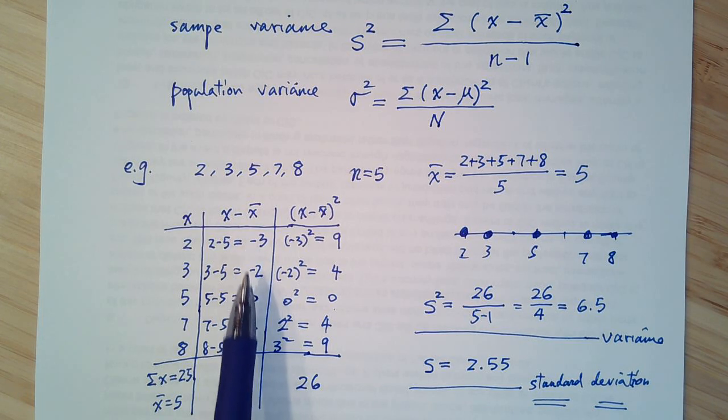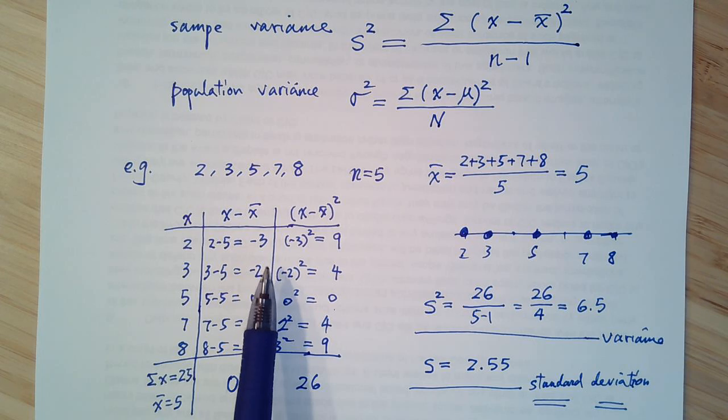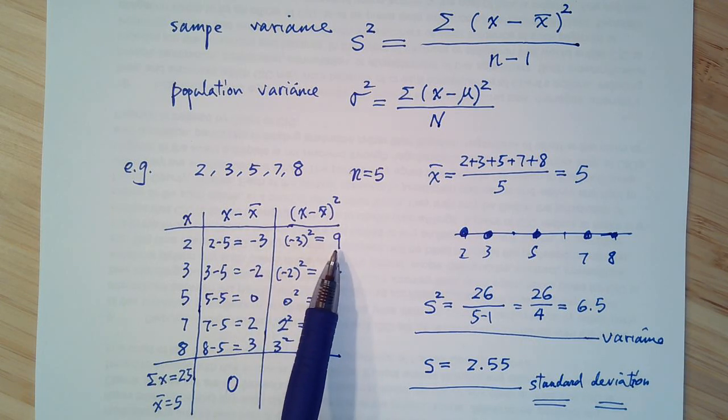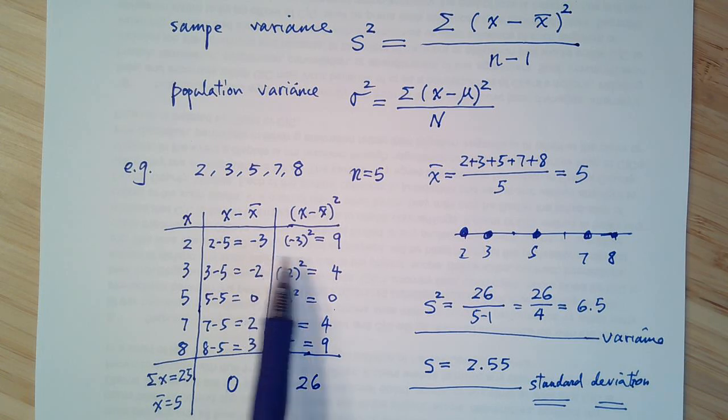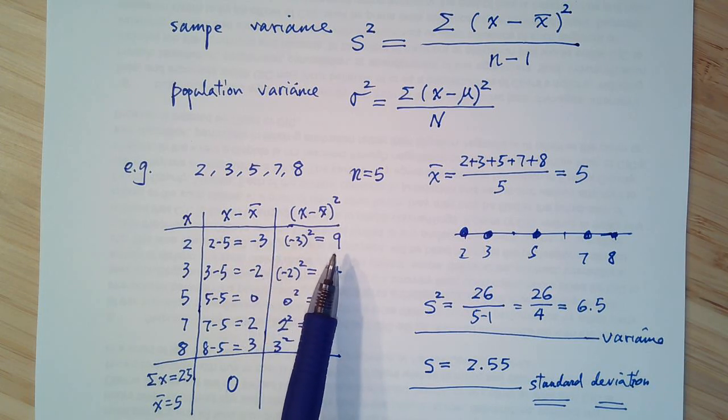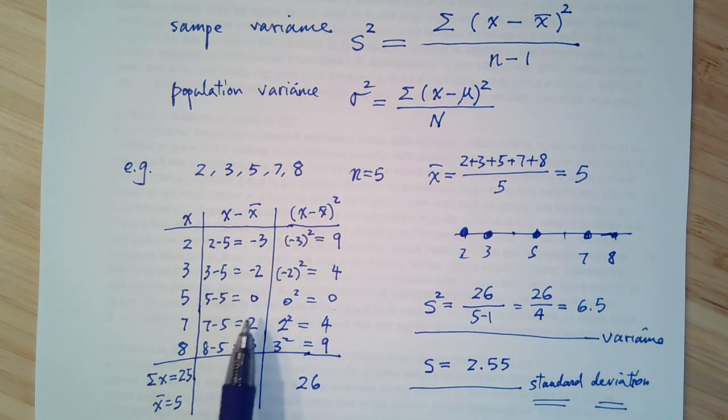Instead of finishing this column first and going to the next column, you can just square it right away. That will save you time entering these values. You get a negative 3, and then you square it, you get a 9, so you can write 9 immediately. And then you keep working on the next one and the next one. So instead of doing it column by column, you can finish this one and then do this one and this one.